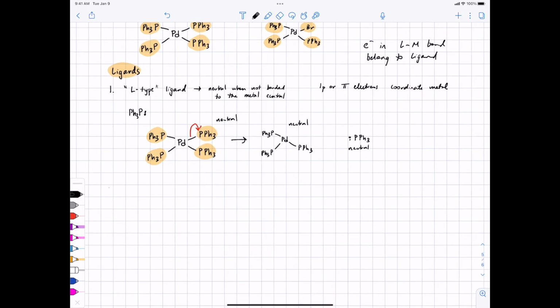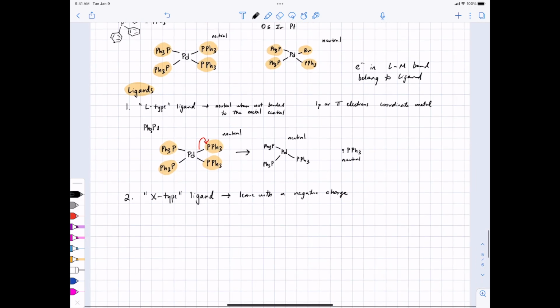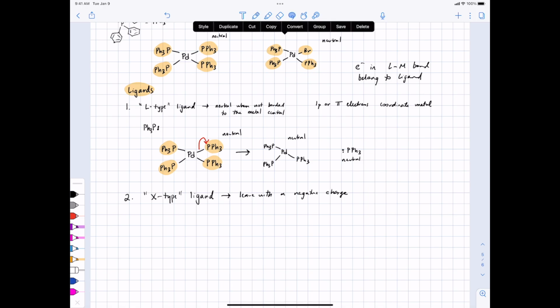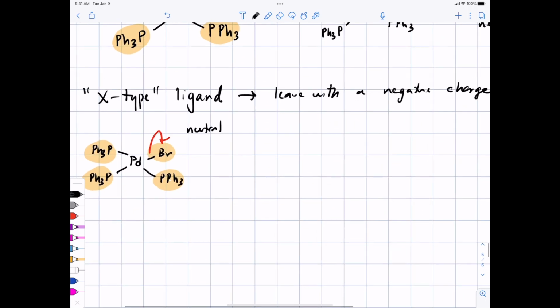The second type of ligand is what we'll call an X-type ligand. I feel like we're talking about Pokemon here. Oh yes, that's an X-type Pokemon. And these are ligands that leave with a negative charge. So an example of that is our transition metal complex here. If bromo left, the whole complex, as I said, is neutral.